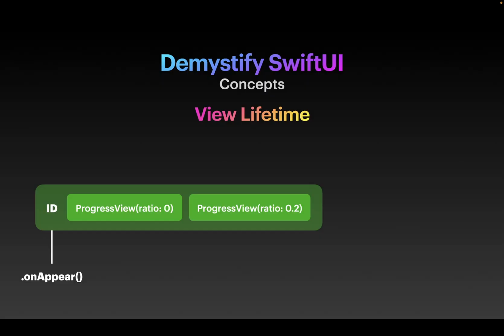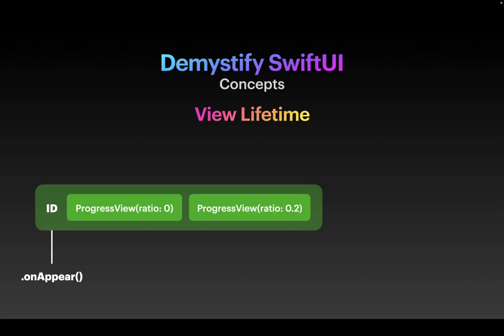However, the lifetime of that view is extended. So you are still using the same view. The thing is, SwiftUI just reevaluates the struct and creates a new view for the render, or for the graphical layer, to process.